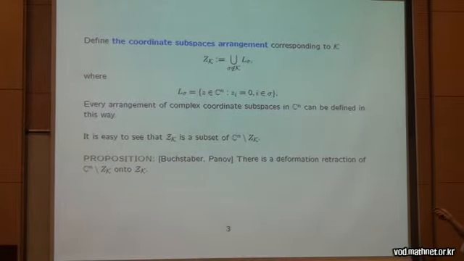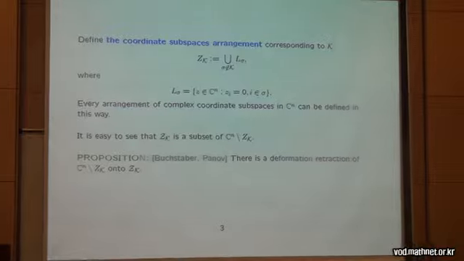We also need the coordinate subspace arrangement associated to the simplicial complex. We can define it in this way. It's a union of coordinate subspaces, and the union is taken over all sets that are not simplices in the simplicial complex. And we will need actually not this coordinate subspace arrangement, but the complement in C^n of this subspace arrangement. And again, we saw this structure before in the previous talk.